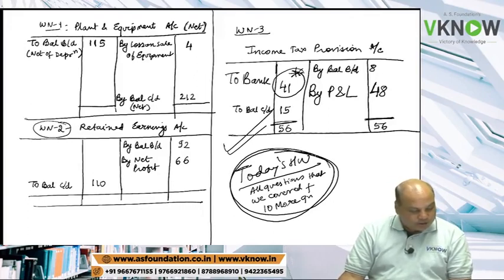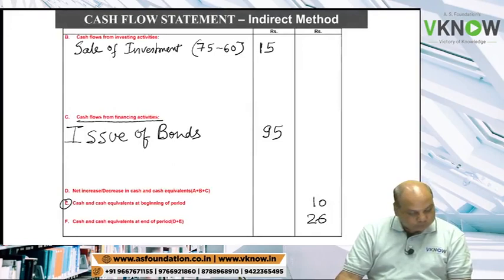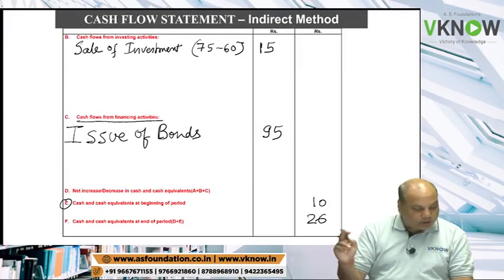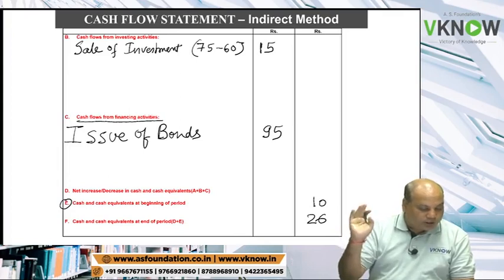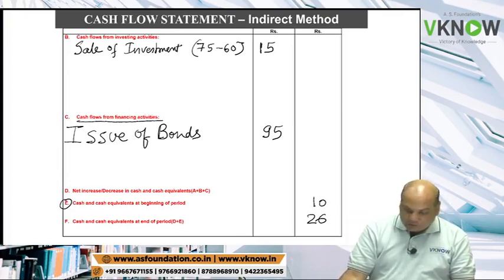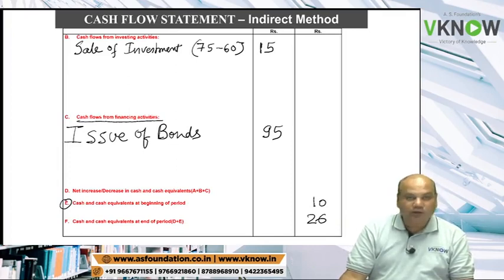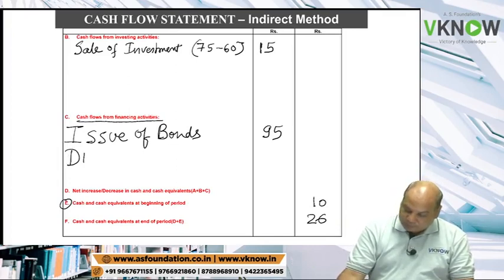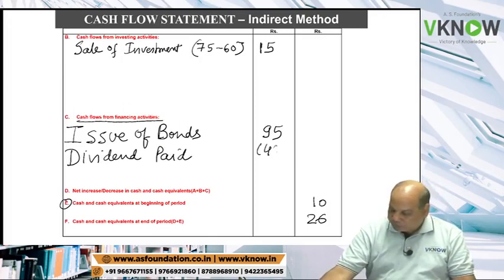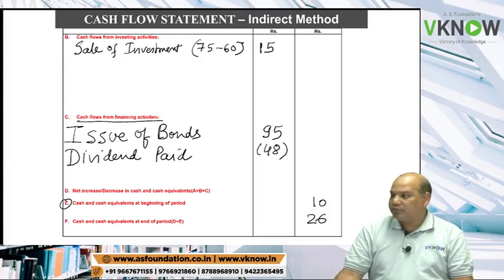Now come to additional information. Dividend of rupees 48 crore was paid in 2014. So I will write down in financing activity, dividend paid 48.